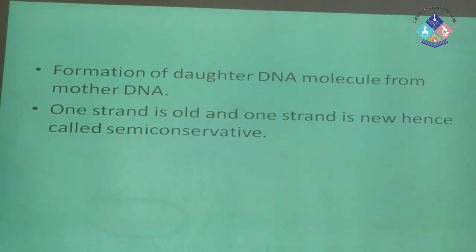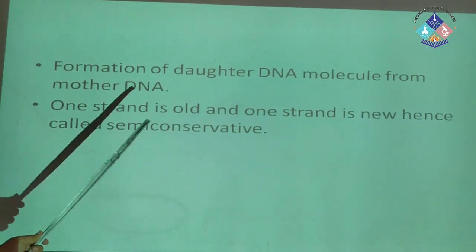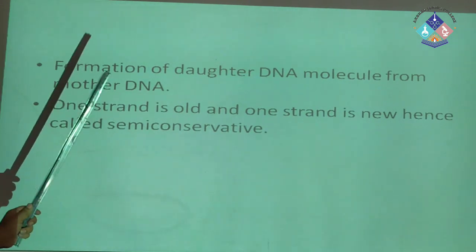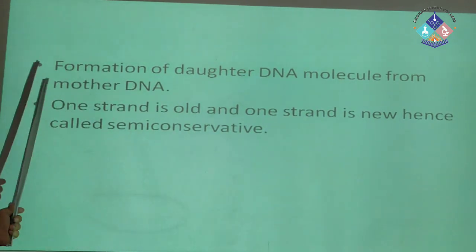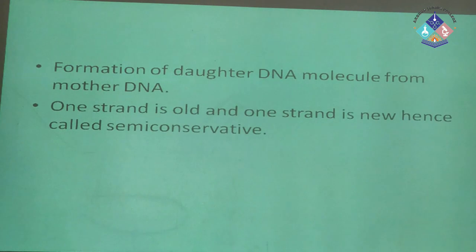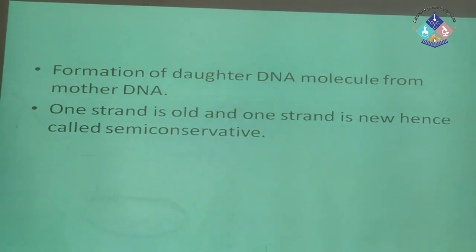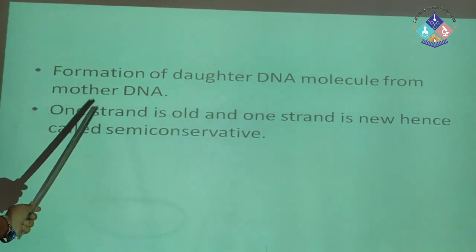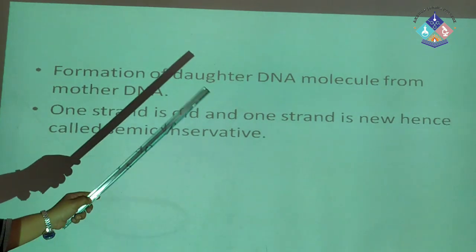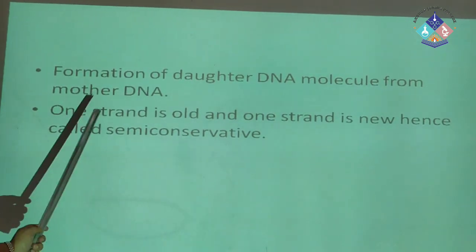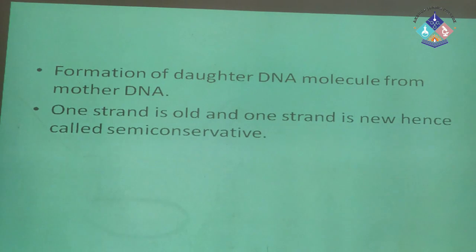So at the end of DNA replication, we can see the formation of 2 daughter DNA molecules from the mother DNA, and in each new DNA molecule, one strand is the old strand and the other strand is a new strand.